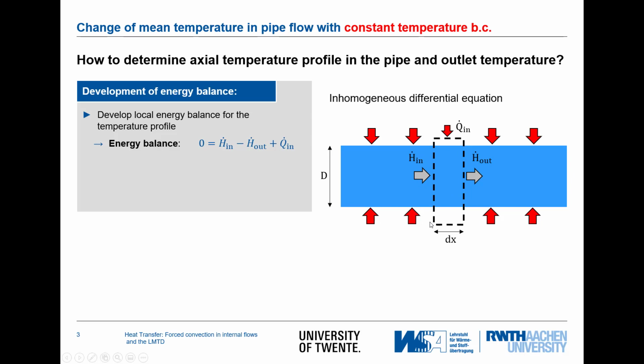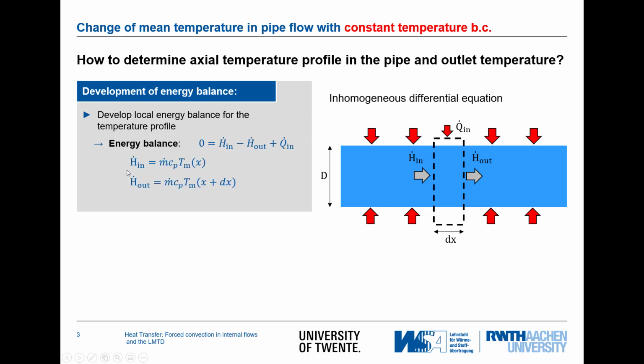To calculate now the temperature distribution along the axis, we do a similar energy balance as before, and we can see that this energy balance is quite the same as it has been before. We have an ingoing enthalpy flow, we have an outgoing enthalpy flow. We assume that the velocity is quite fast, so that diffusion does not have a significant role in axial direction, and we have an ingoing heat flux from the sides. So the energy balance is 0 is equal to all the three fluxes.